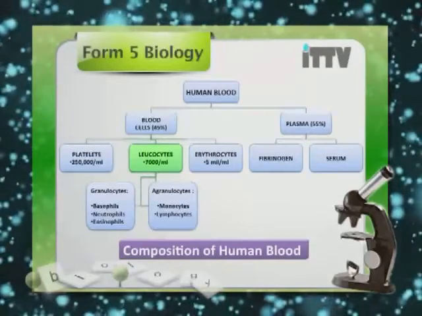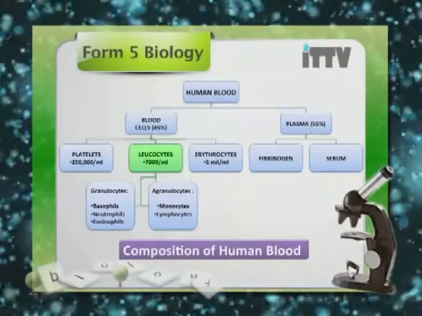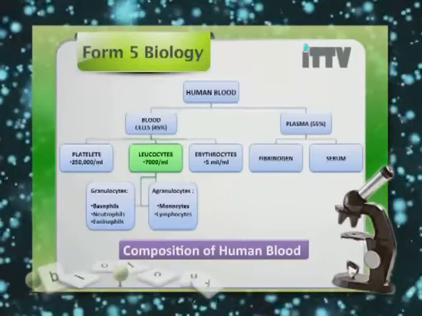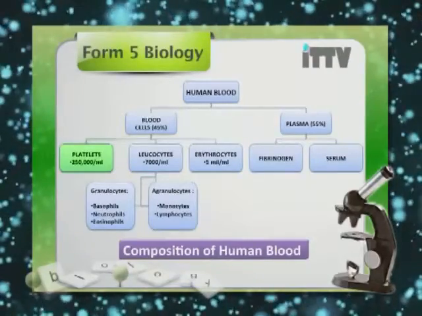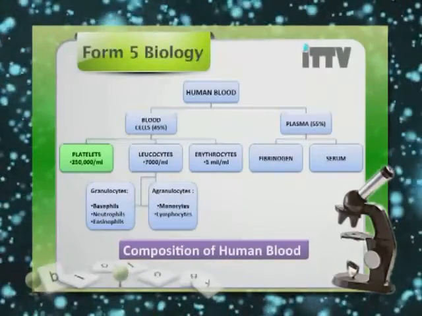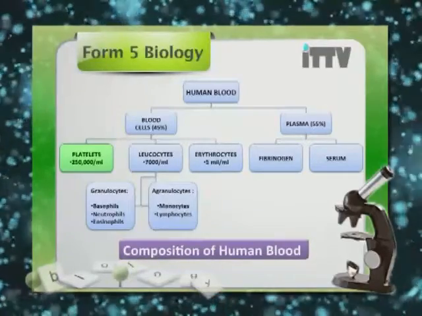Next to the erythrocytes are the white blood cells, or the leukocytes, and they make up about 6,000 to 10,000 per milliliter. And last but not least, the smallest of the blood cells, called the platelets, make up about 250,000 cells per milliliter.